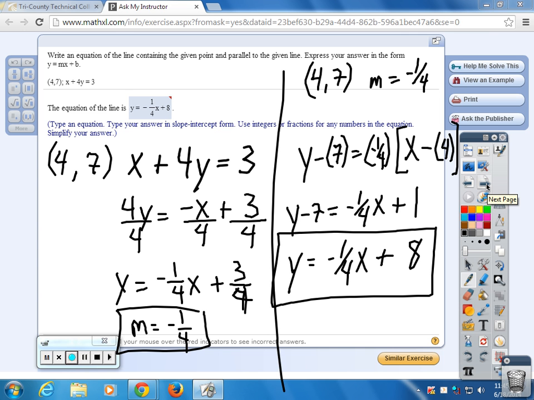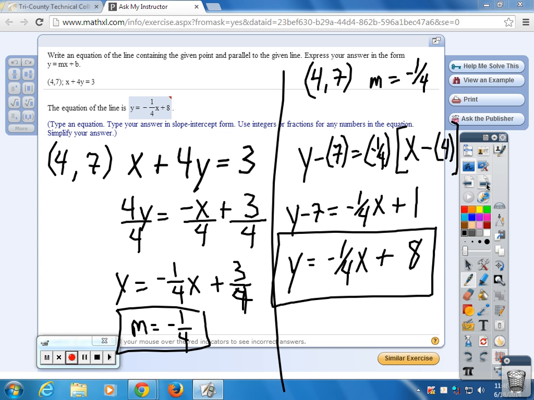The one we did before, the problem gave you a point and a slope, so you didn't have to do anything. Remember me telling you, if it gives you a point and a slope, that's the easier of the 3. This one gave us a point and a what? It's called the point slope equation.